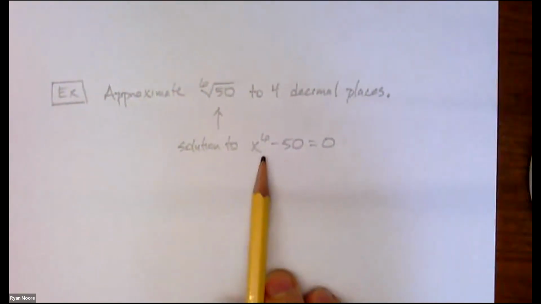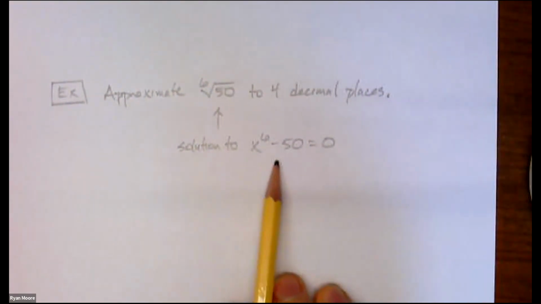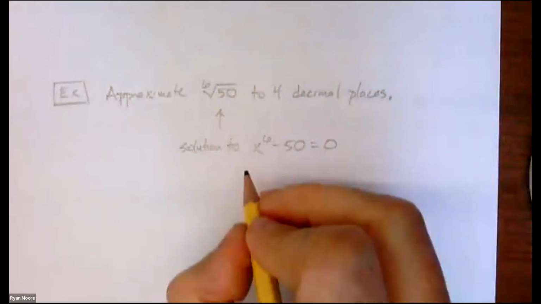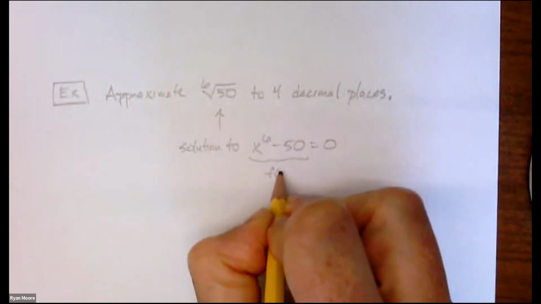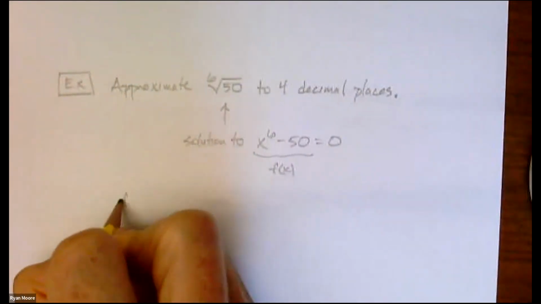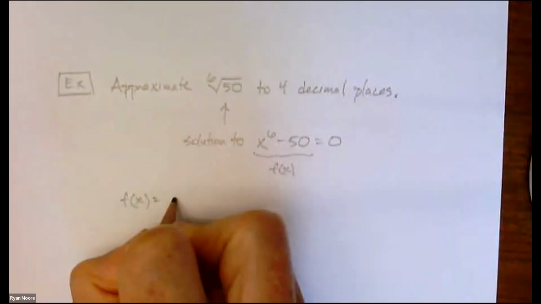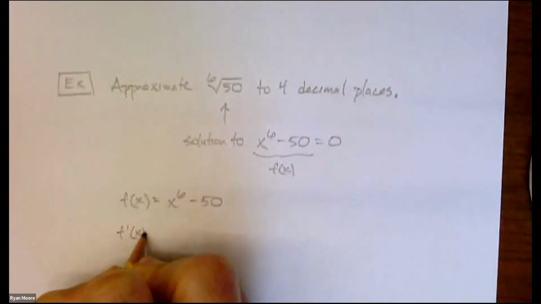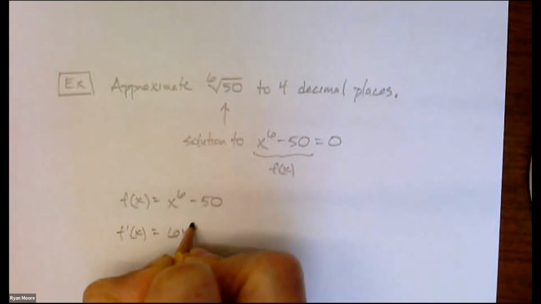If we were to solve for x here, we'd get the 6th root of 50. So if this is our function and we find the 0, we got the approximation we want. Okay. Pretty clever. What's the derivative? 6x to the 5th.